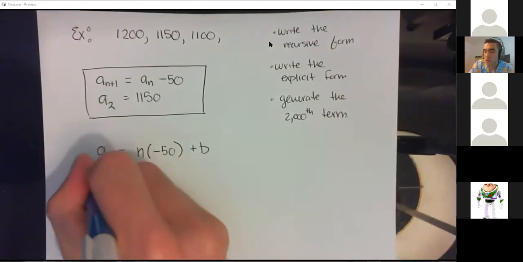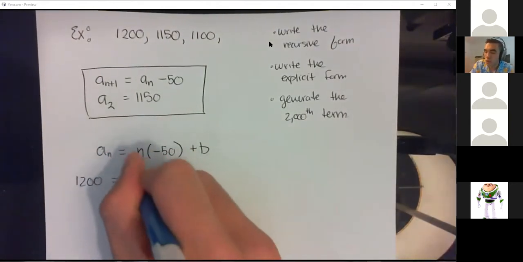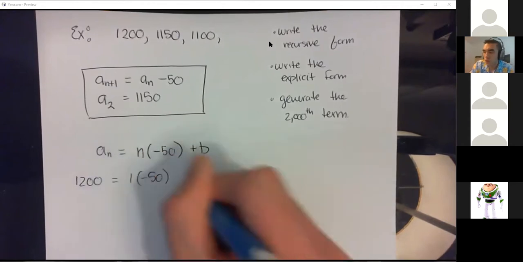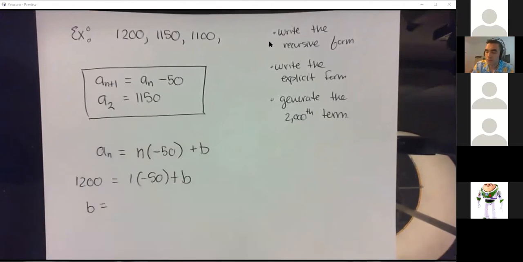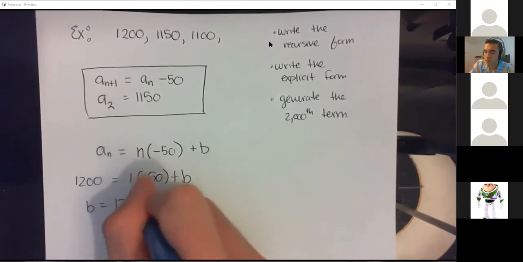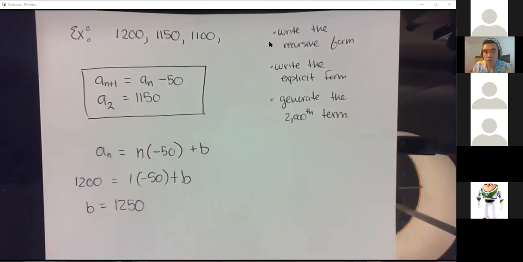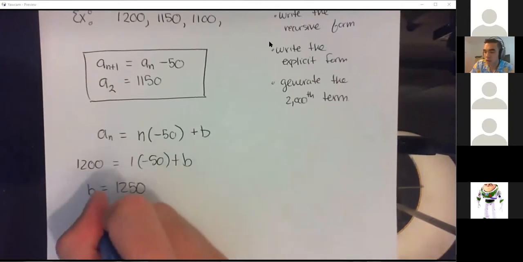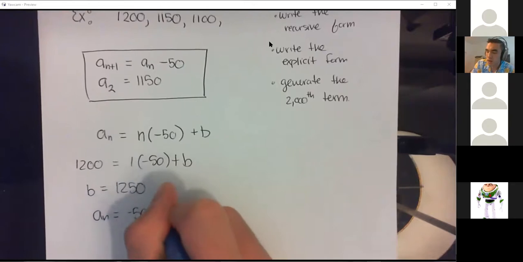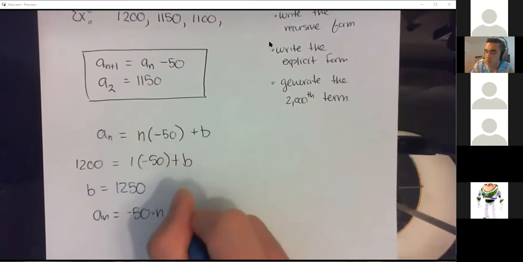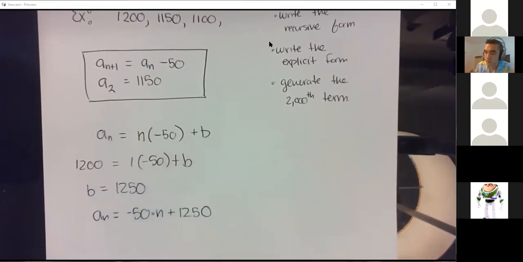So we get 1200 is equal to 1 times negative 50 plus b. And so b is equal to 1250.